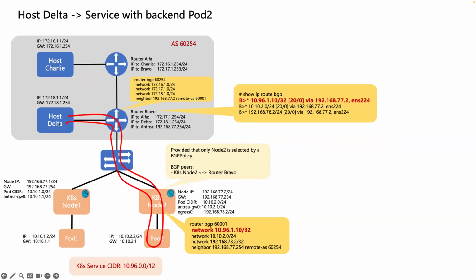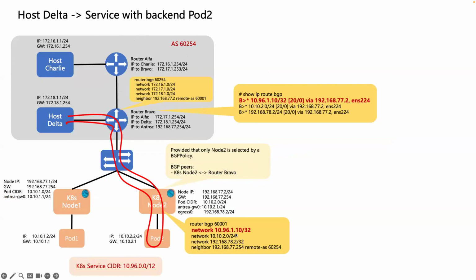For the first one, this host is in the AS. The host will access the service with NodePort on node 2. We assume that only node 2 is selected by the BGP policy.